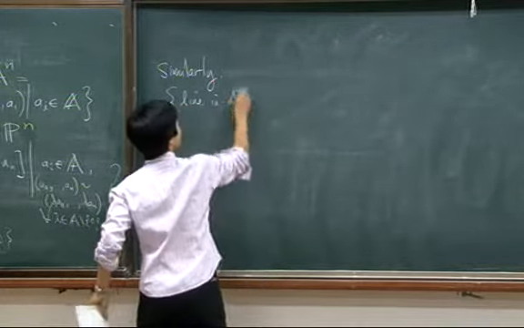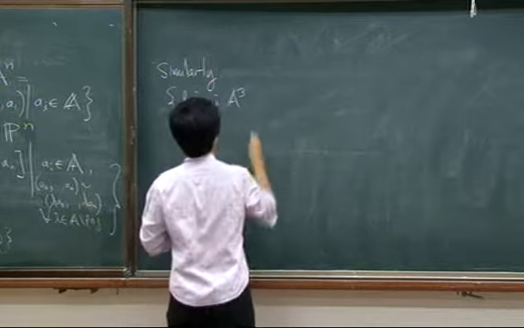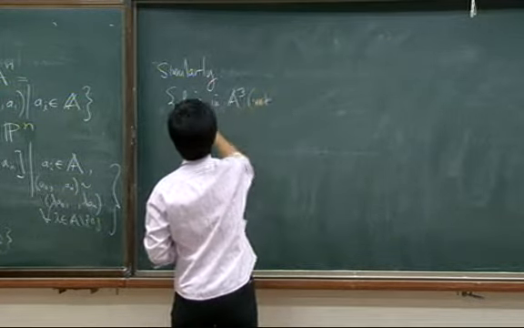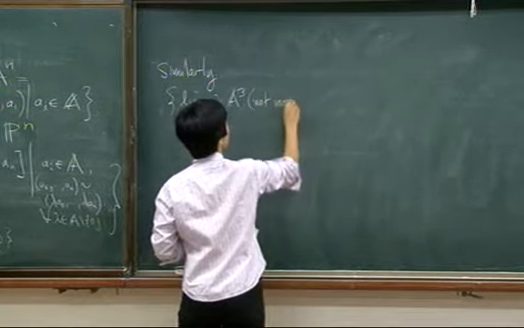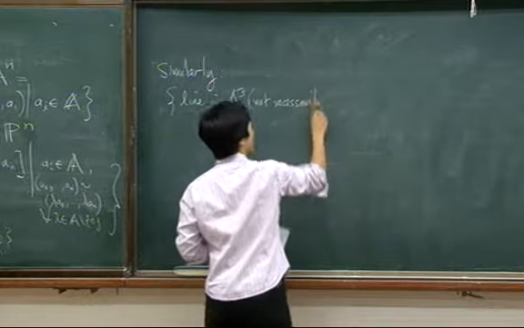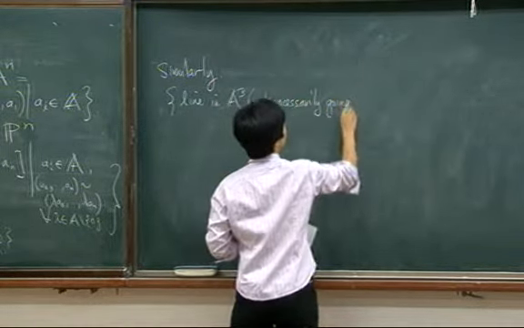Okay, so a line in A3. So here, when I say line, I mean it's a line that doesn't necessarily go through the origin. So you could say it's an affine line.